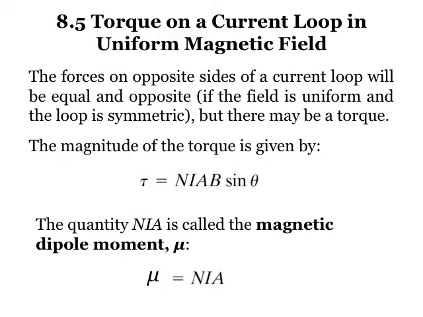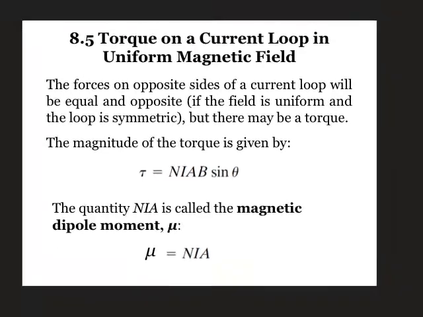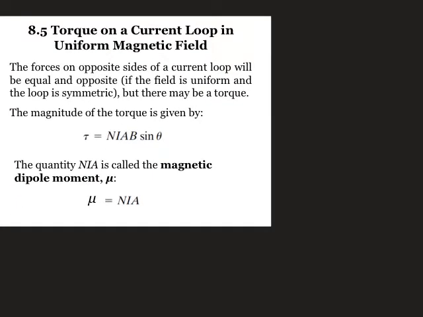Okay, let's talk about the last part, which is torque. Before we move on, we need to understand what torque means. Torque means the tendency of a force to produce rotational motion, or circular motion, about an axis or a point.